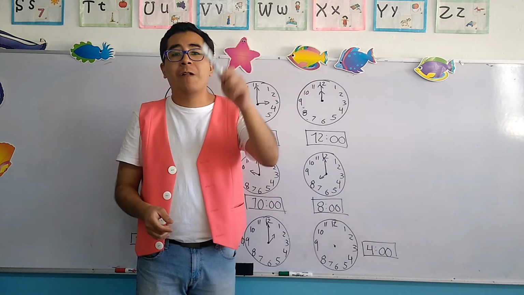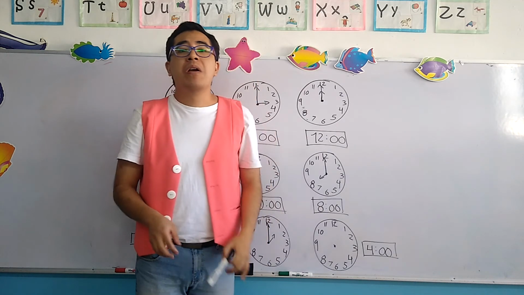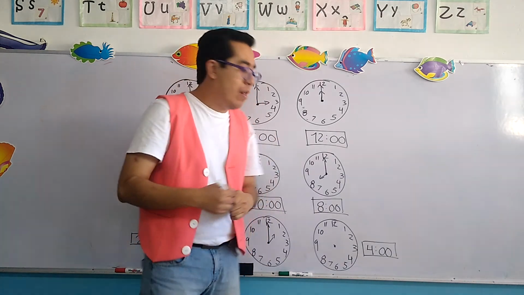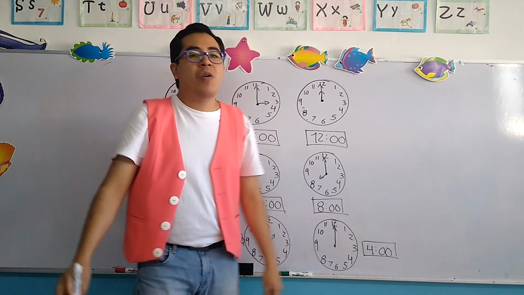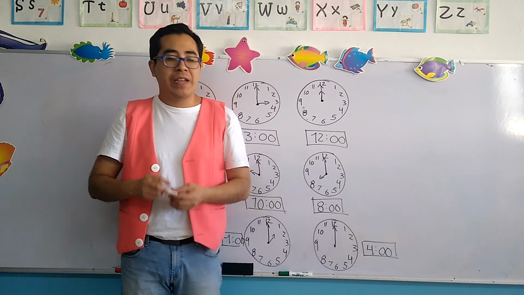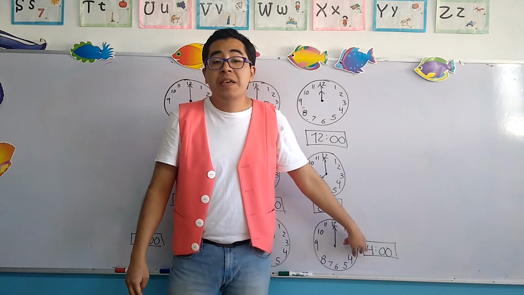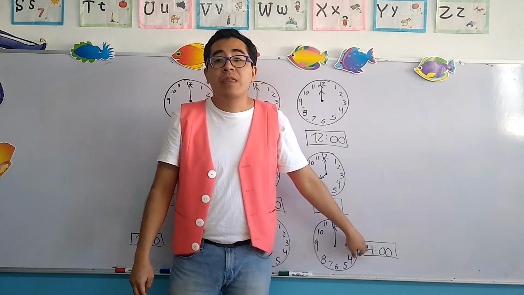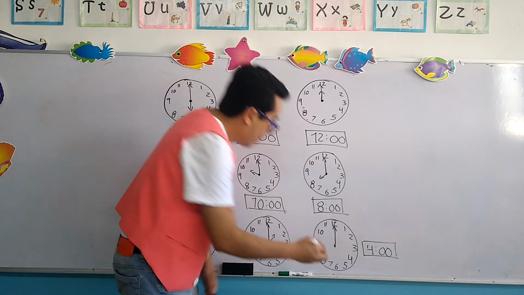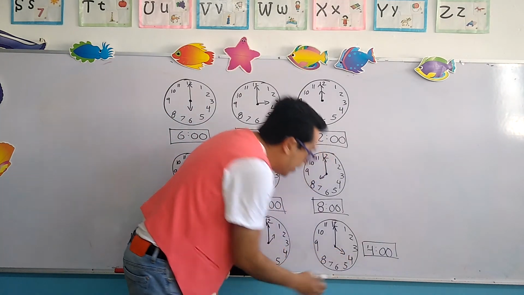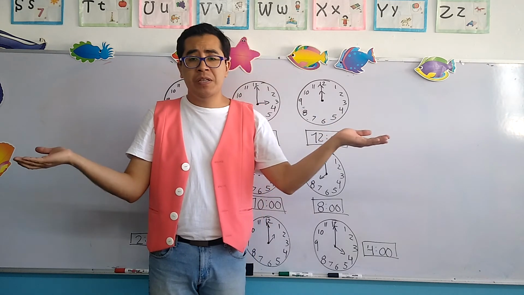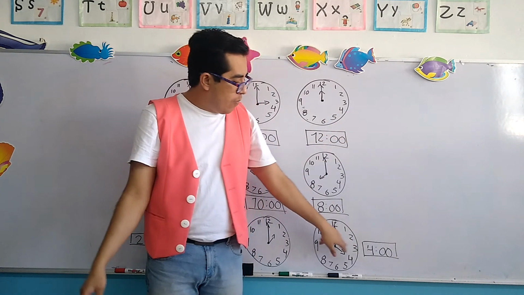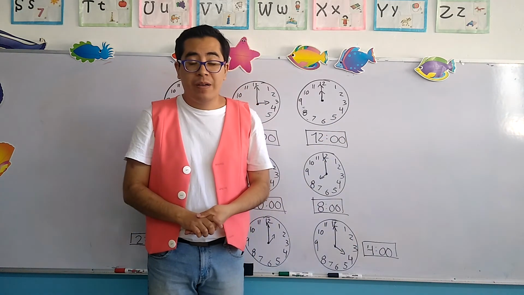So first of all, the big arrow goes on number 12. And small arrow, flecha pequeña, pointing, señalando, number 4. Okay? So, the question says, what time is it? ¿Qué hora es? 4 o'clock.